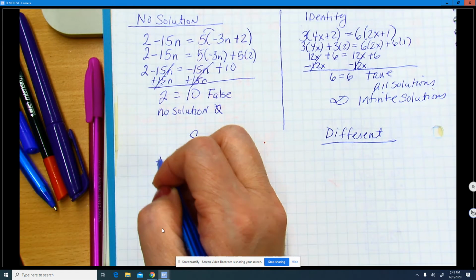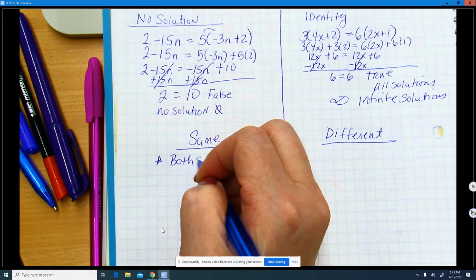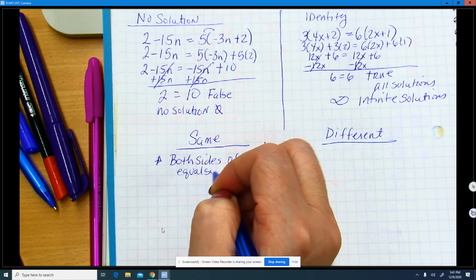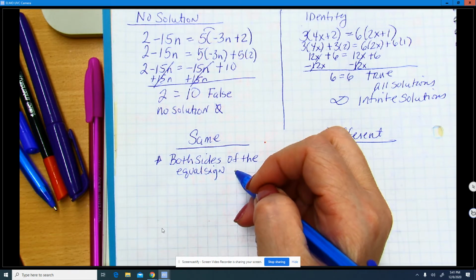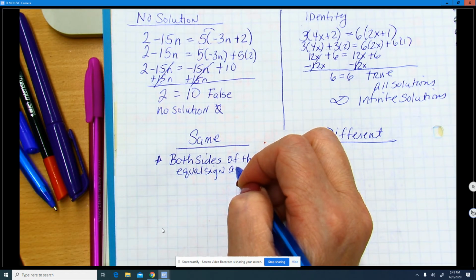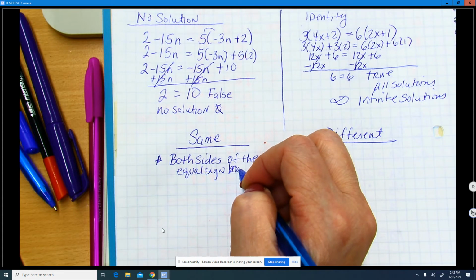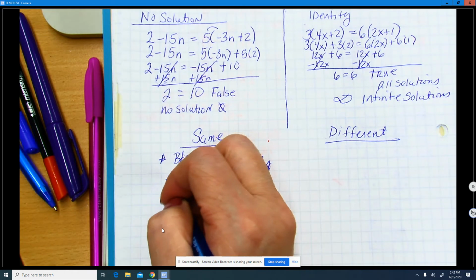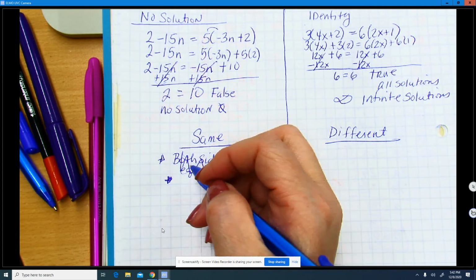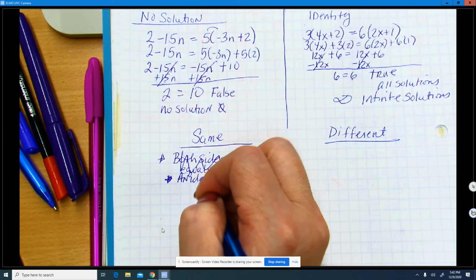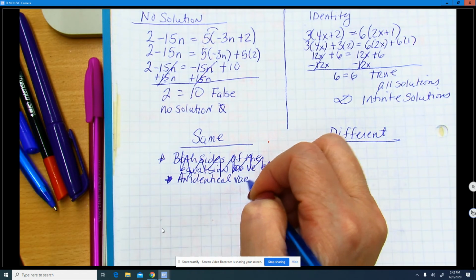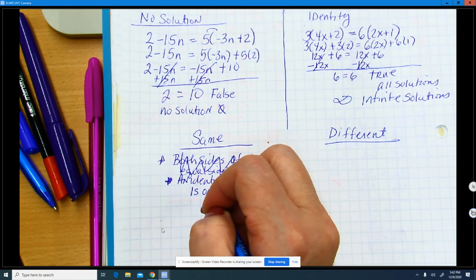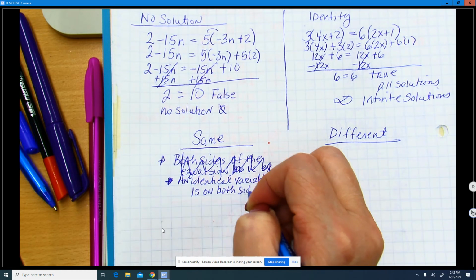One of the things that is going to be the same is that an identical variable term is on both sides of the equation.